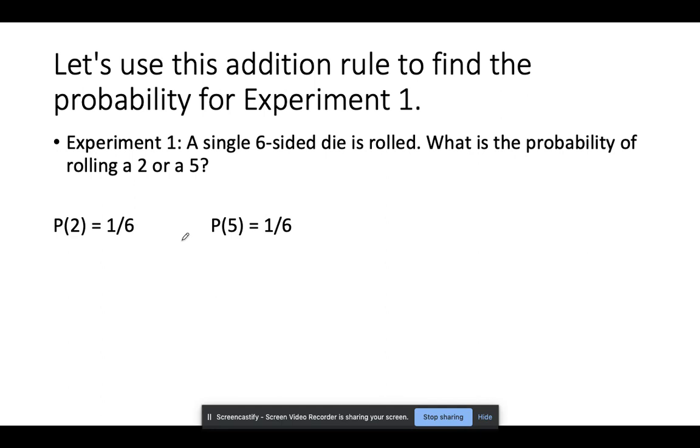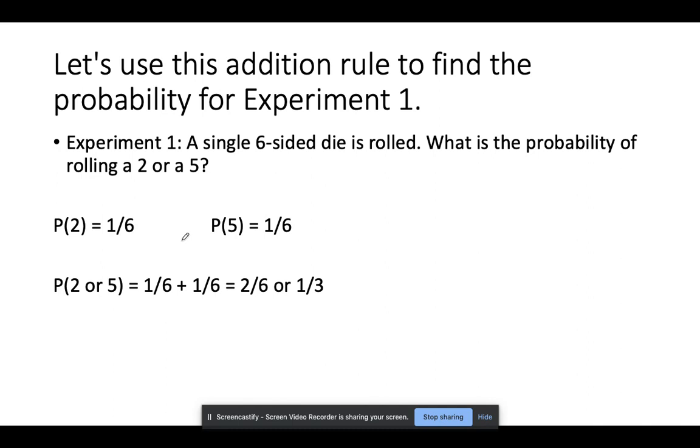If we add those together, like the rule says, the probability of a 2 or a 5 equals 1/6 plus 1/6, which equals 2/6, or reduced, 1/3. That is called the addition rule, and you just add the two probabilities together.